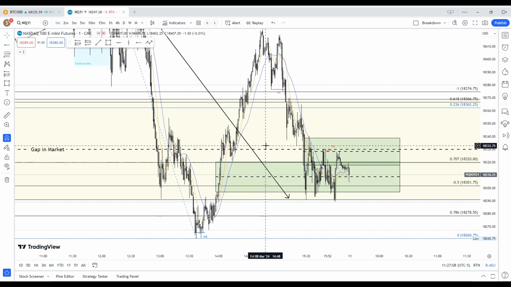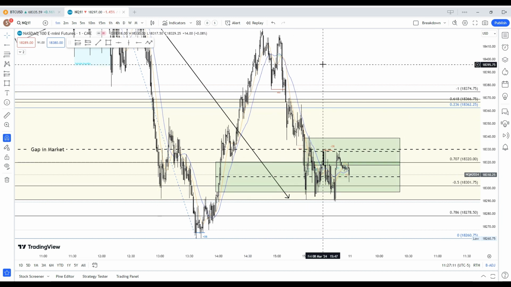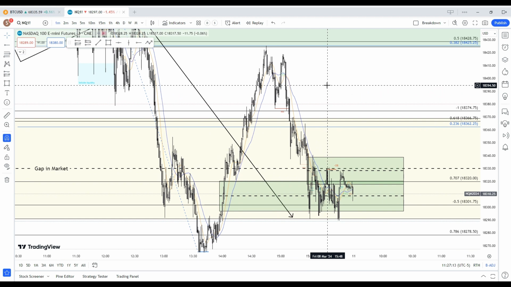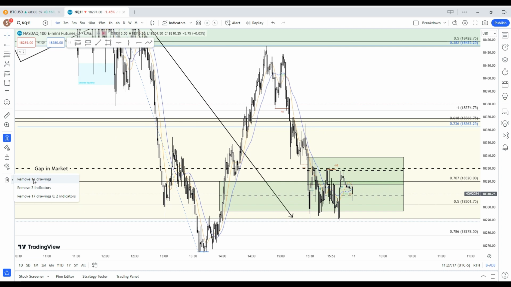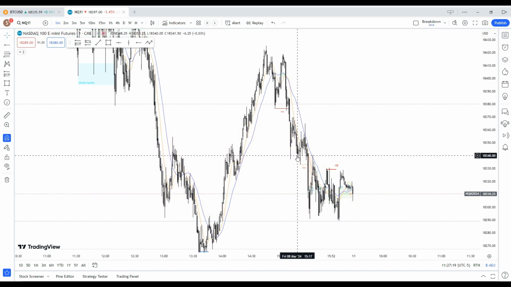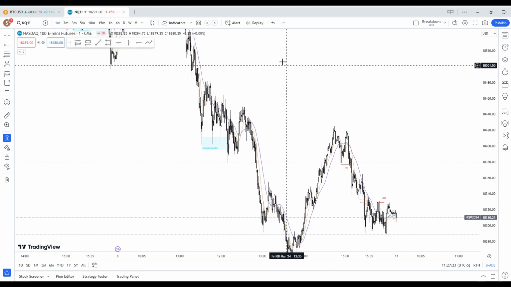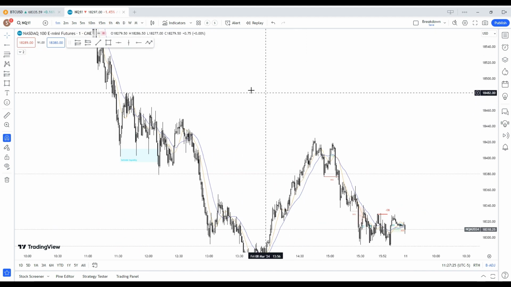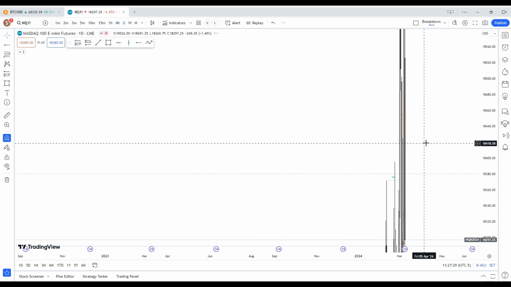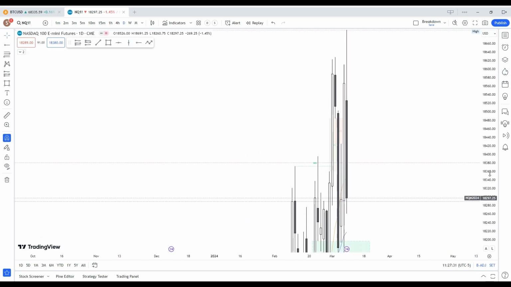So what I would like to do is clear the charts and zoom out and start over. See what's going on. So everything's clear. Let's go to a daily time frame.